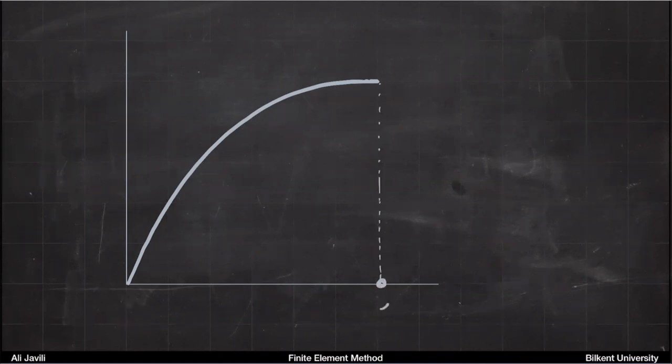This doesn't exist in reality. So if you run a numerical simulation, you never know where the solution is. You just get your own approximate version of it.